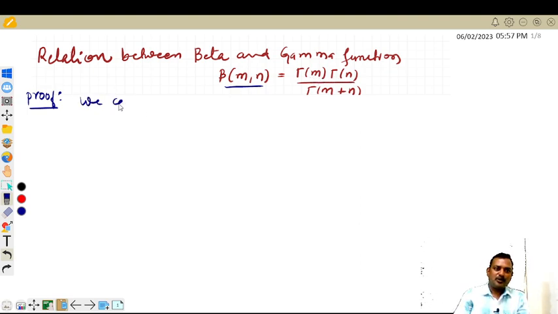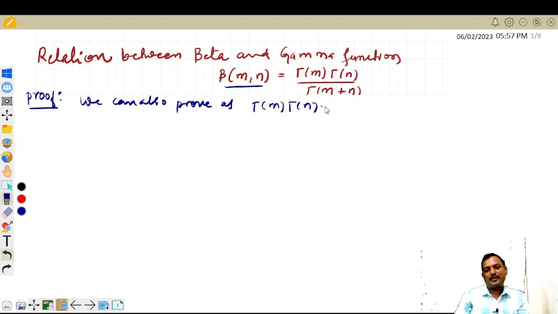That is, we can also prove as gamma of m into gamma of n is equal to gamma of m plus n into beta of m comma n.